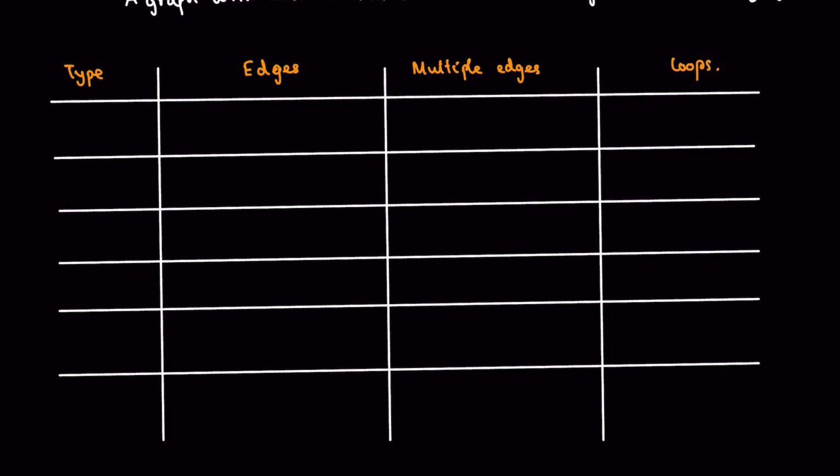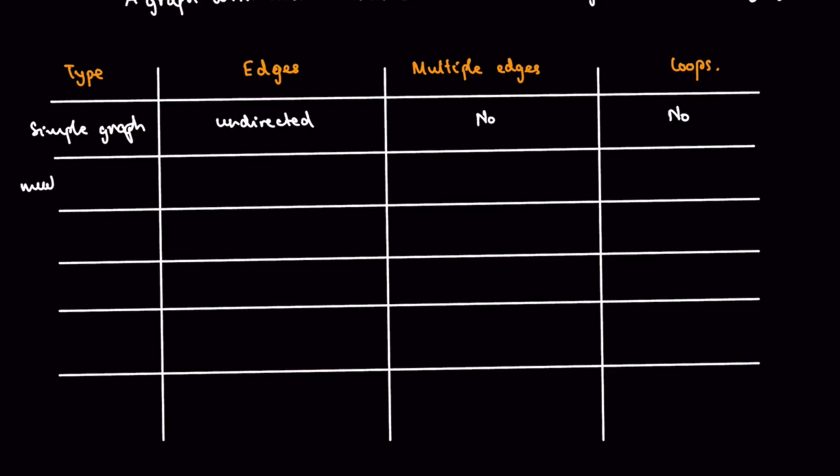So the first type of graph is called the simple graph. And for the simple graph, this is undirected. And no multiple edges are allowed, and there should be no loops.